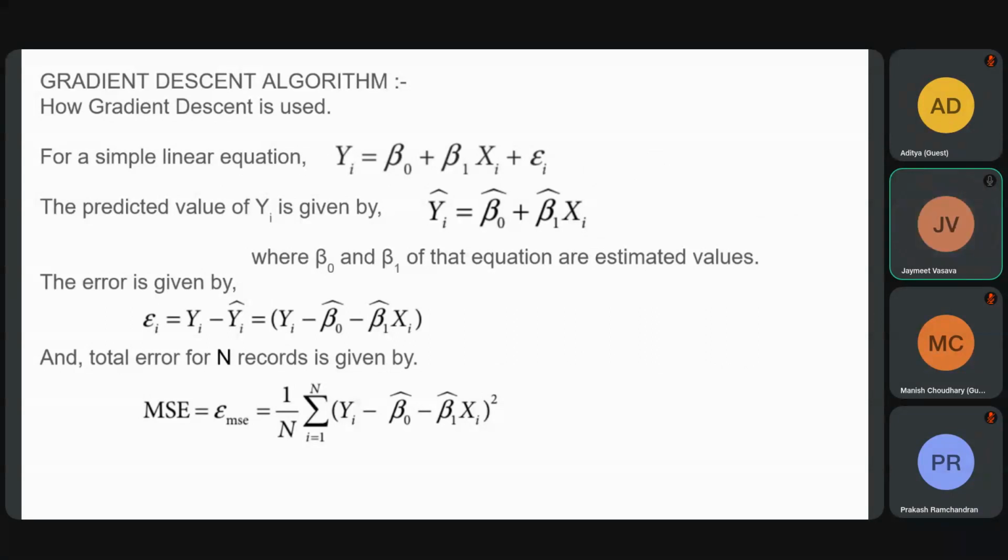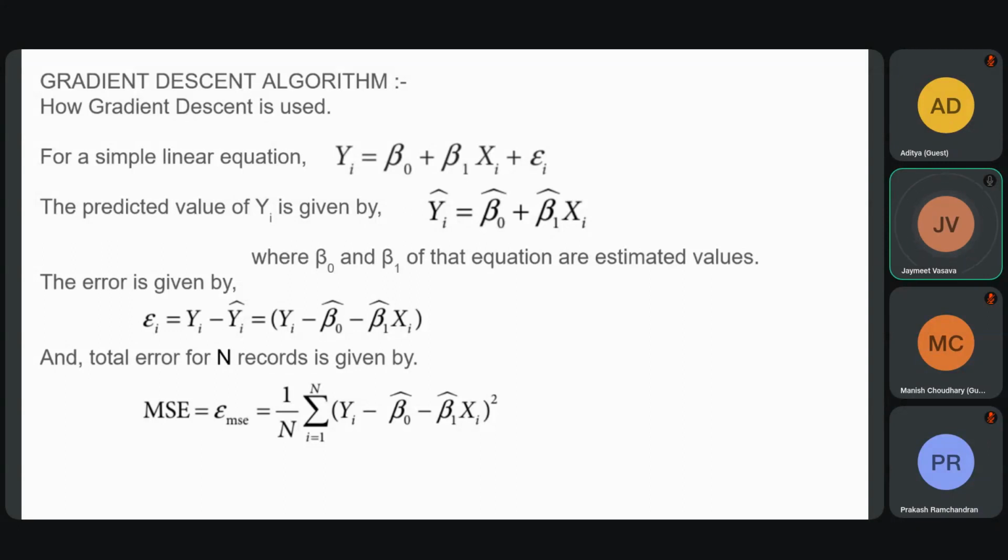The predicted value of yi, which is denoted by yi hat, is given by yi hat equals beta 0 hat plus beta 1 hat xi, where beta 0 hat and beta 1 hat are the estimated values of the intercept and the coefficient.